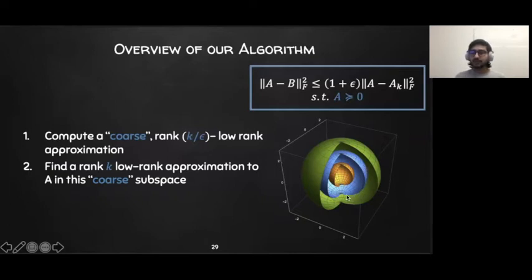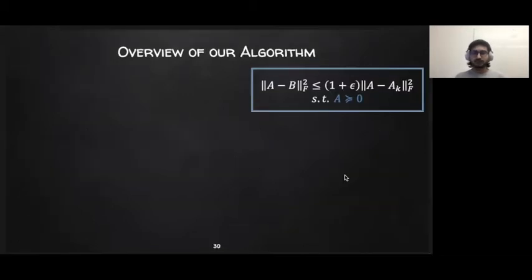We show that this subspace contains a coarse low-rank approximation for A. Given this subspace, we then compute a k-dimensional subspace denoted by the yellow sphere here, and show that projecting A onto this subspace gives us our desired matrix B, which satisfies this guarantee here. So that's the high-level approach of our algorithm.